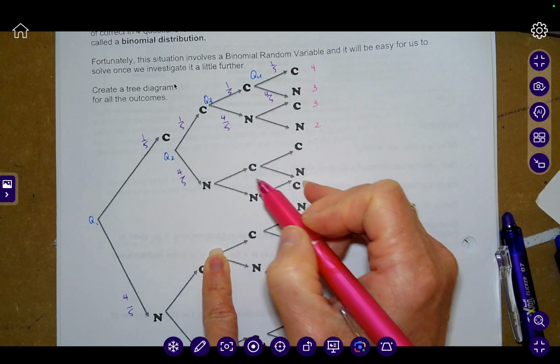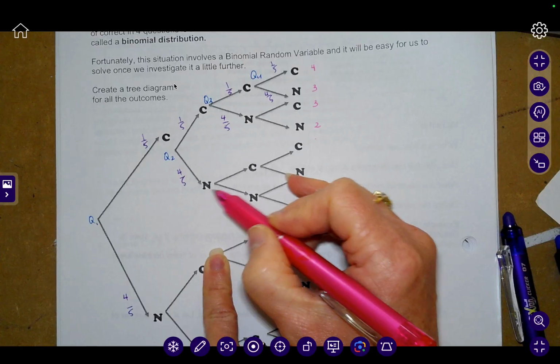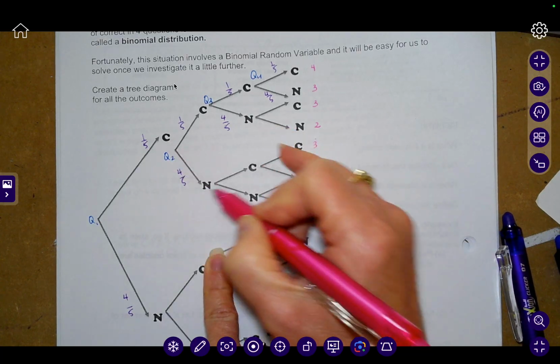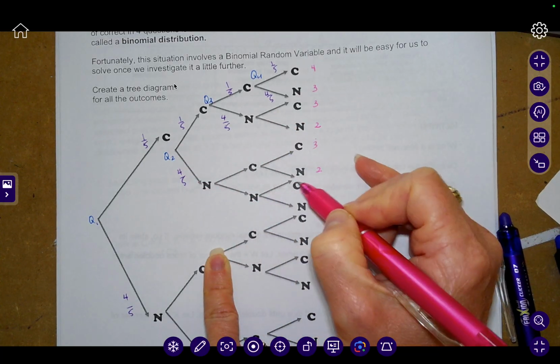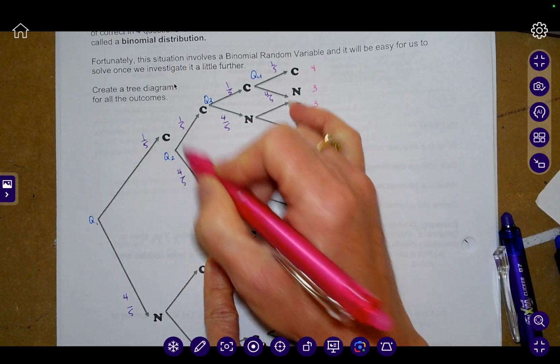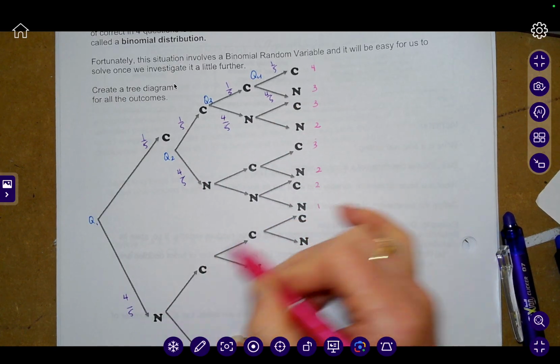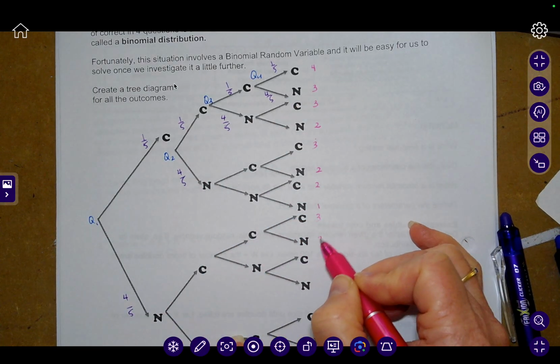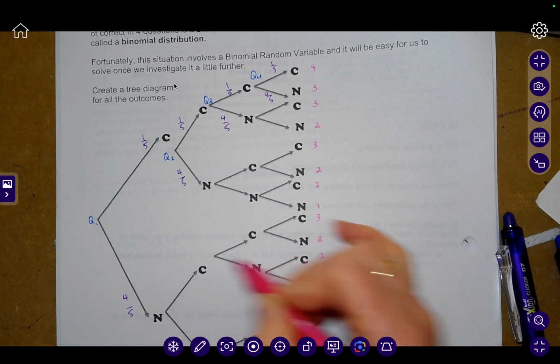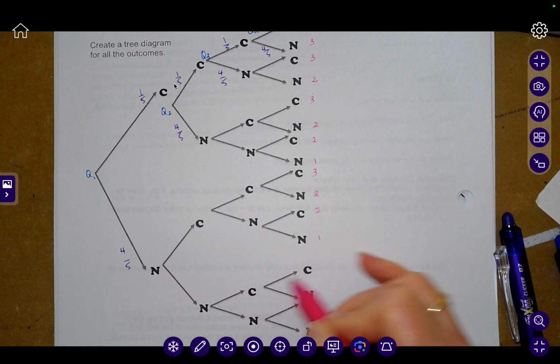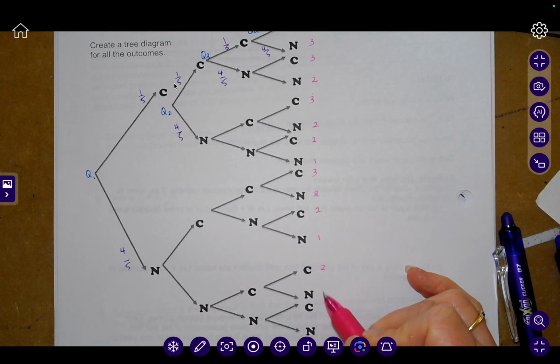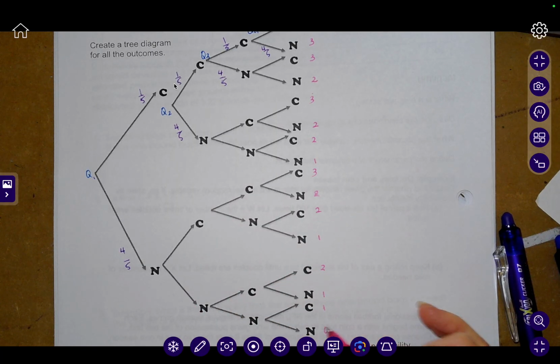This path, you have 3. This path, 2. This path, 2. This path, 1. This path, you have 3, 2, 2, 1. This path, you have 2, 1, 1, 0.